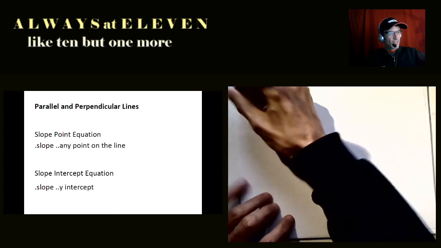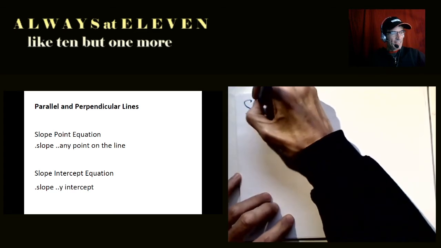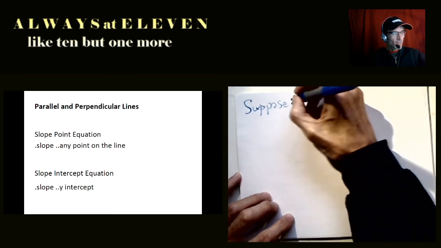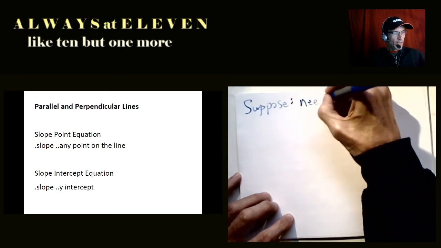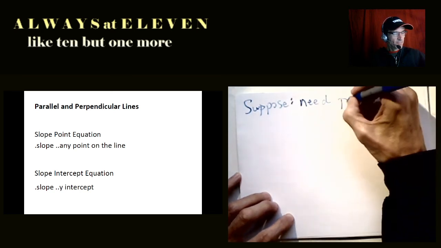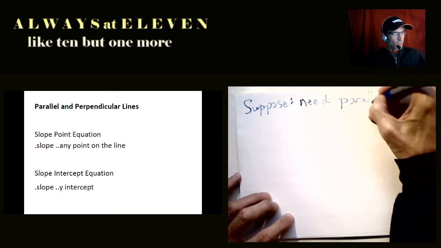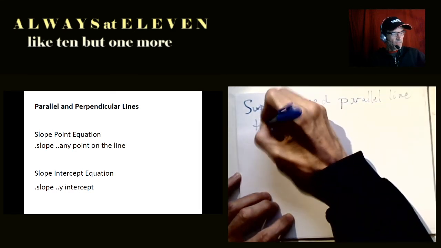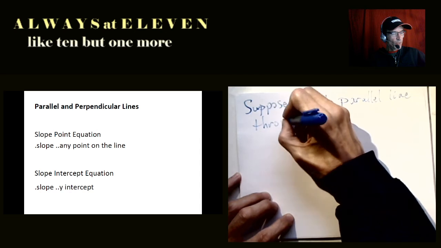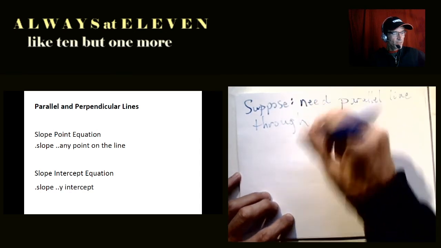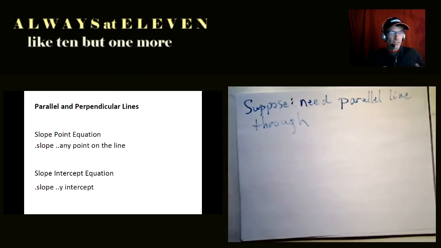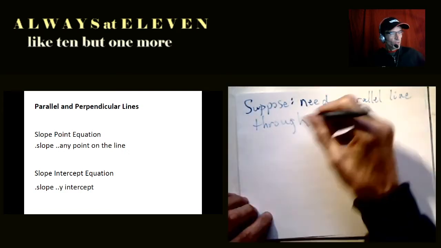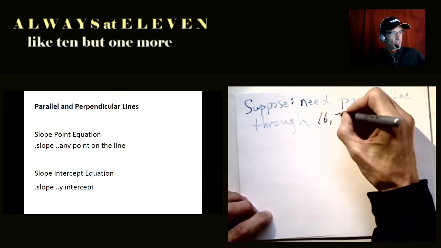So let's pretend this. Let us suppose that we need a parallel line through the point 6, 7.